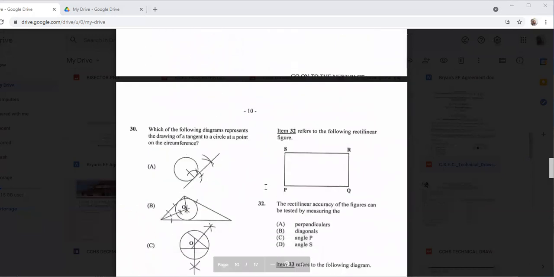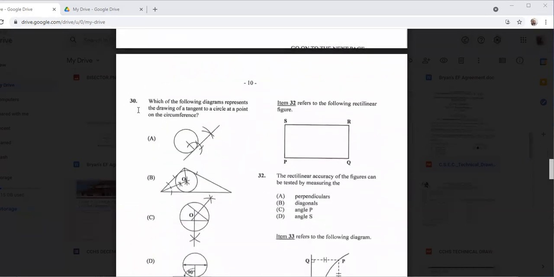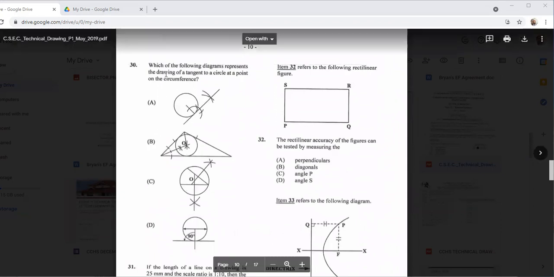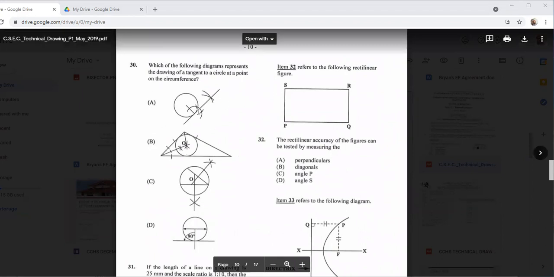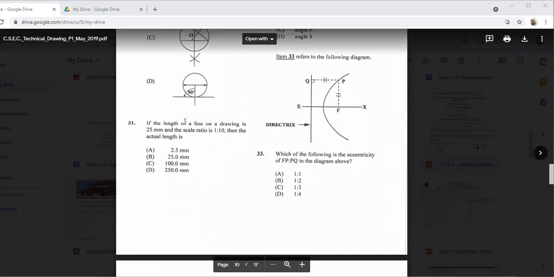Yes, 30 degrees. 30. A. That's A. A for that one. 31.